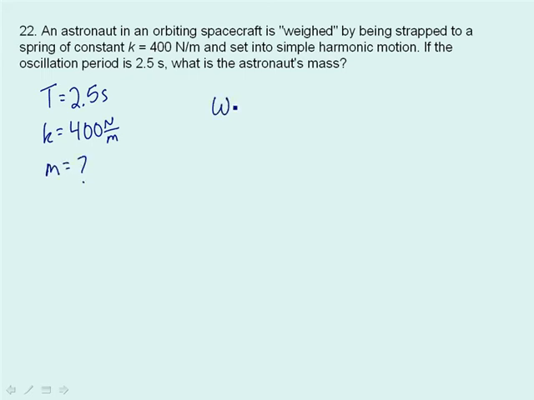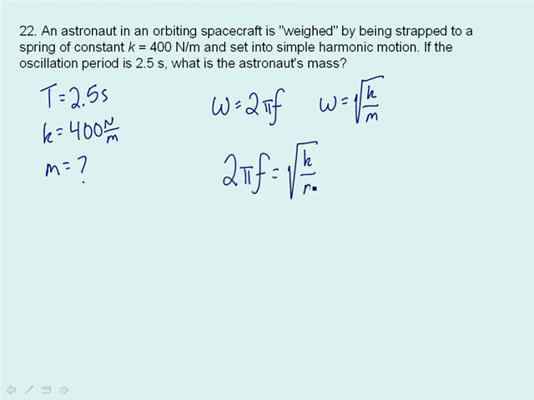Well, as I said before, omega is equal to 2 pi times f. That's a general statement, which is true. And for our spring, omega is also equal to the square root of k over m. So just as we did before, I can just set these two equal. 2 pi f is equal to the square root of k over m.